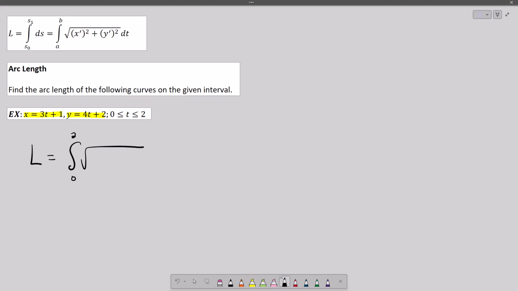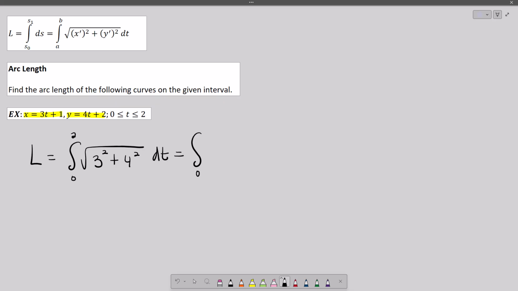And then all we have to do is find the derivative of each of our coordinate functions and then square them. So what is x prime squared? 9. And y prime squared? 16. So we're going to get the derivative squared plus the derivative squared dt.